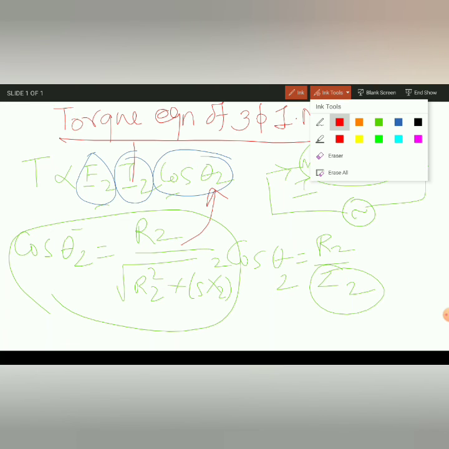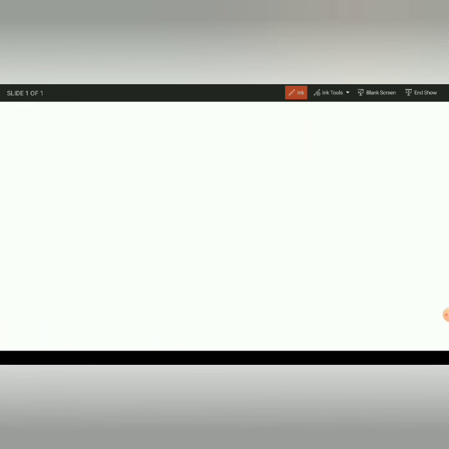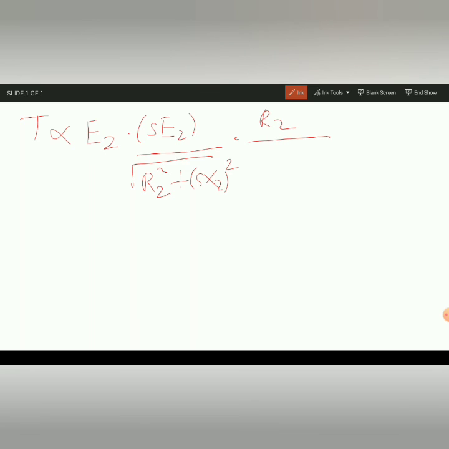Okay, so now let us substitute. T is proportional to, already we have E2, then S into E2 divided by root of R2 square plus S X2 the whole square, and then R2 divided by root of R2 square plus S X2 the whole square.